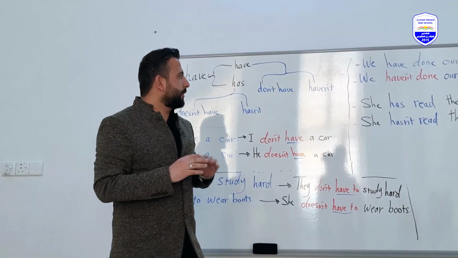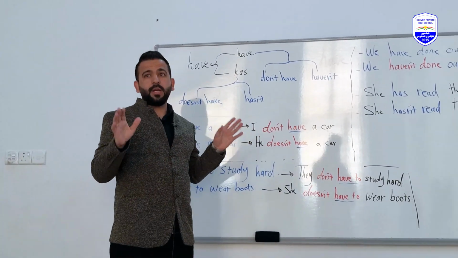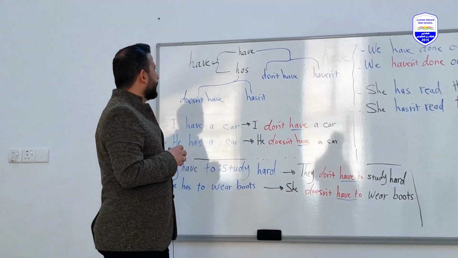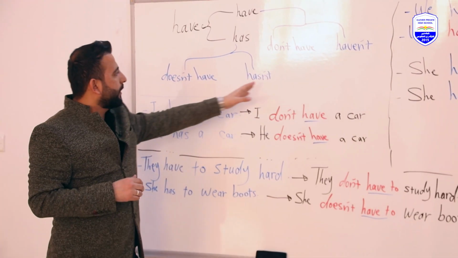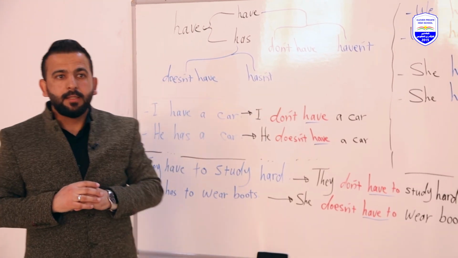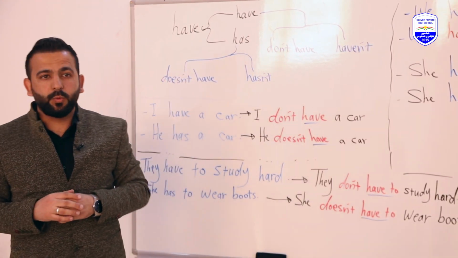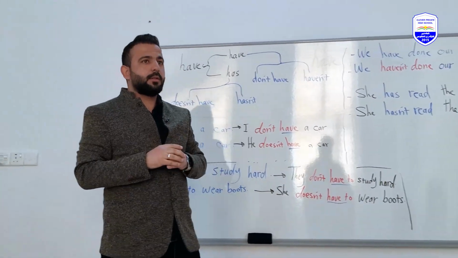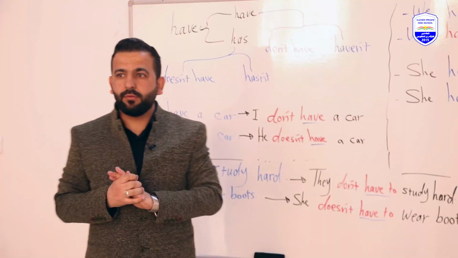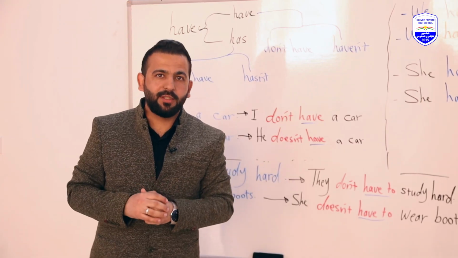Remember that students will face difficulties when it comes to choosing between don't have, haven't, doesn't have, hasn't. So the questions will be answered in this video. If you have problems using these, if you want to learn more, keep watching this video.